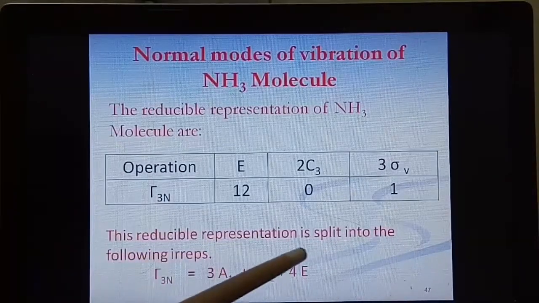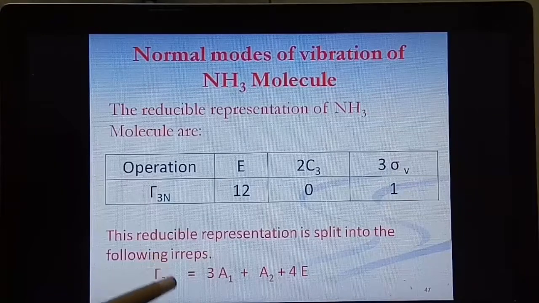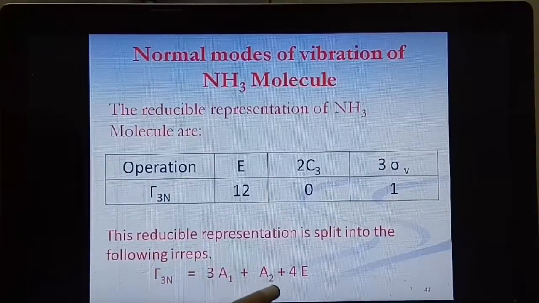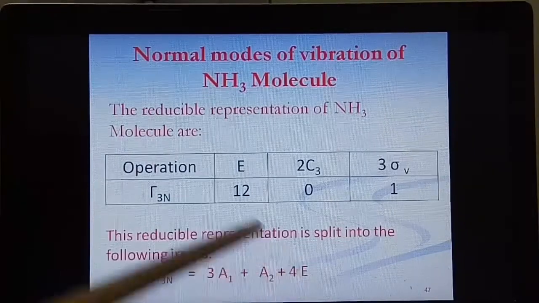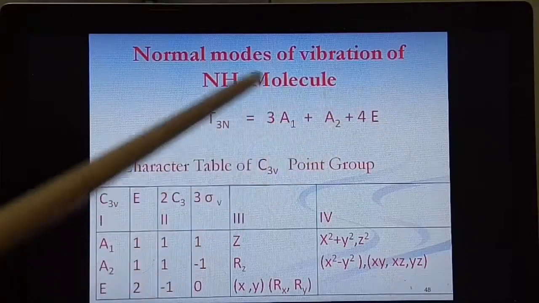Now the reducible representation is split into the following irreducible representations, that is, tau 3n is equal to 3A1 plus A2 plus 4E. Now these are the irreducible representations.